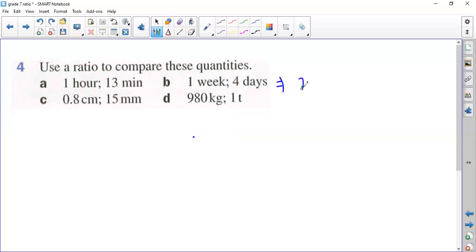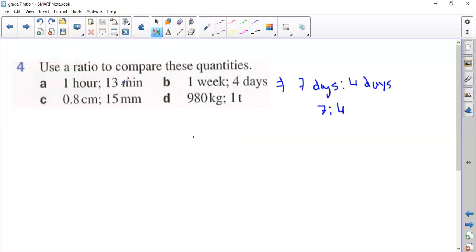It is 7 days. So I have 7 days to 4 days. Since the units are the same now, it will be 7 to 4. And this one is the simplest form of this ratio.